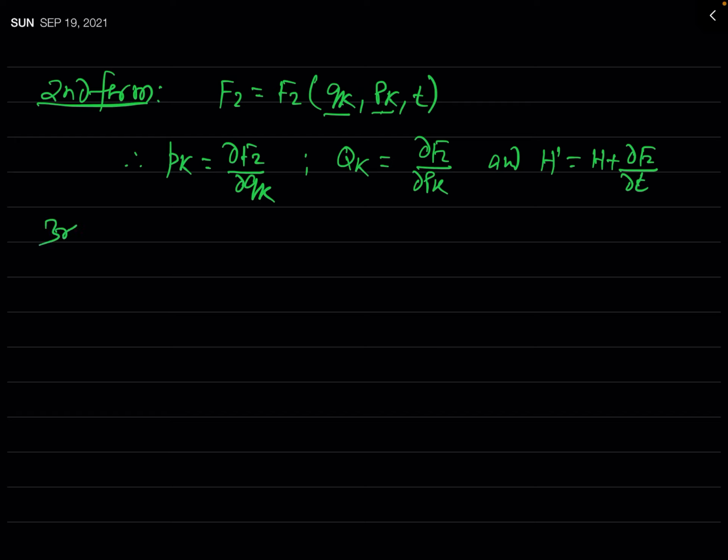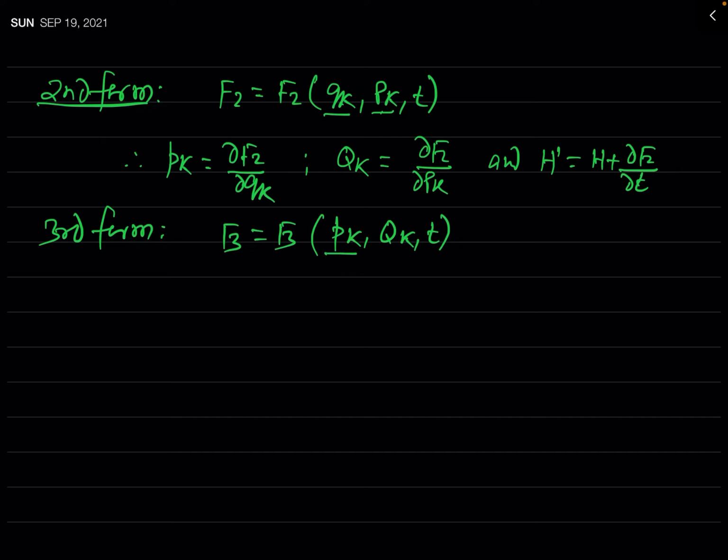Now you can see the third form of the transformation equation. What is the third form? You can see F3 is equal to F3 of Pk, capital Qk and t. Now you can write the transformation equation on the basis of the facts which I have just discussed.